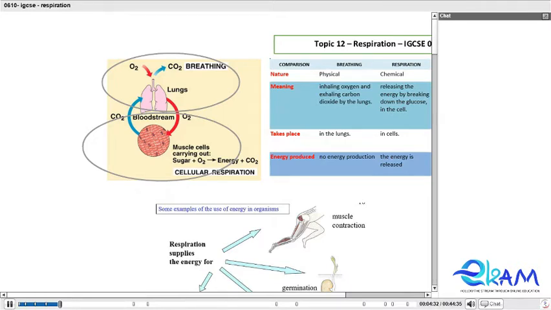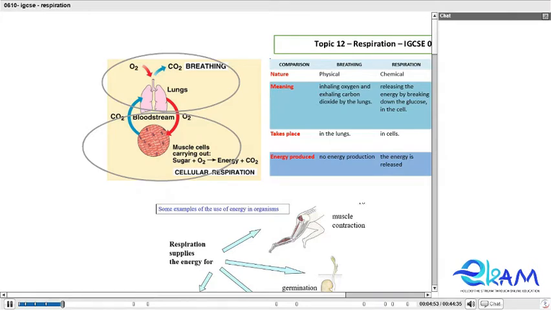We can define respiration as a chemical process which happens inside the cell, and the release of energy from food molecule, that is respiration. So in short, we can say breathing is a physical process. What is meant by a physical process? A process in which no new things are produced.